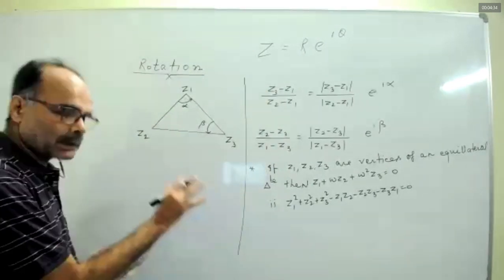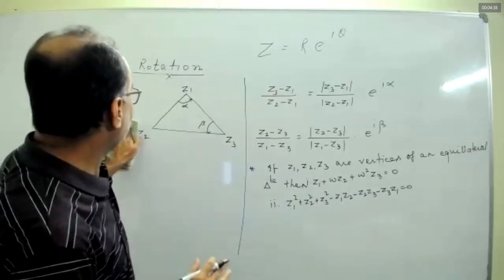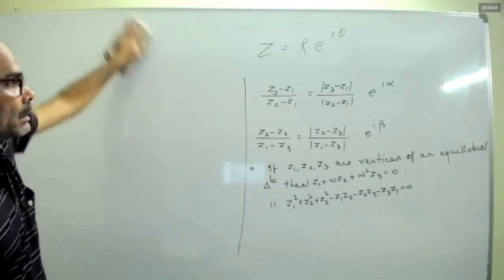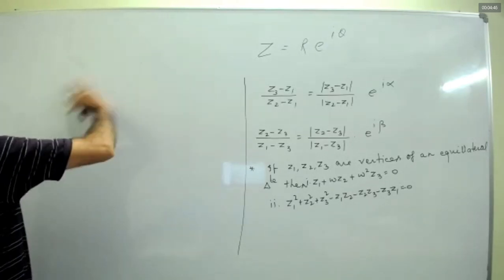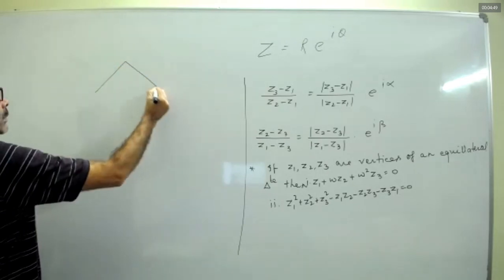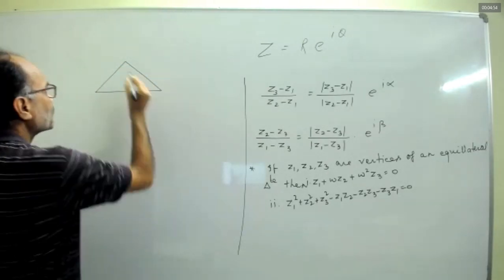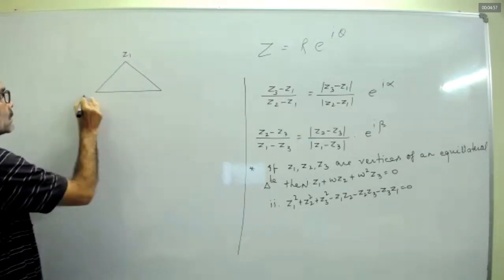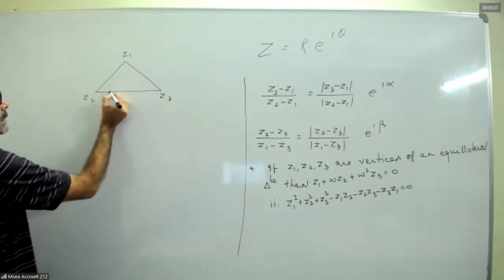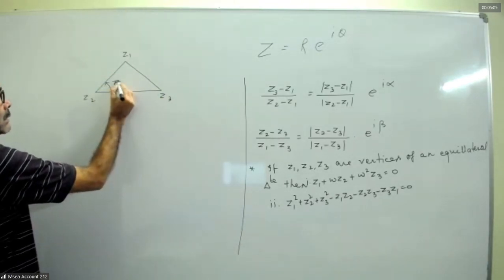I will prove it again. Suppose this is Z1, Z2, Z3. About any angle you can apply the rotation. Let us apply it about this one. The angle is pi by 3.